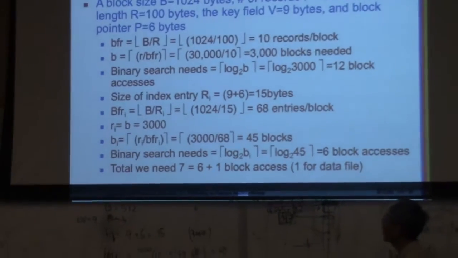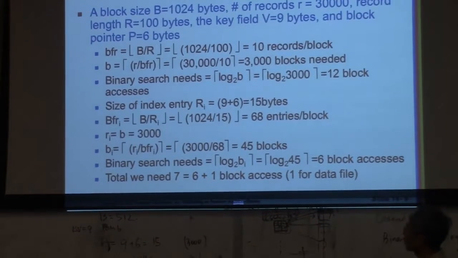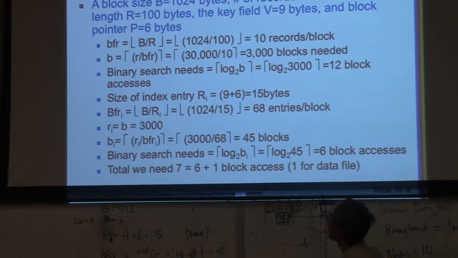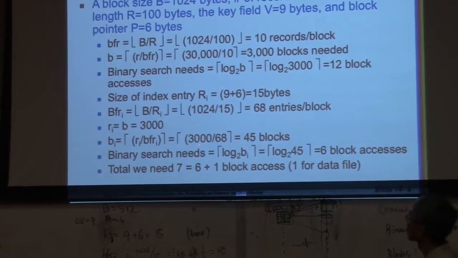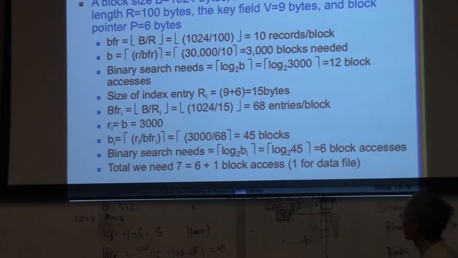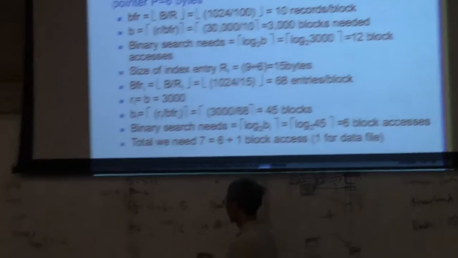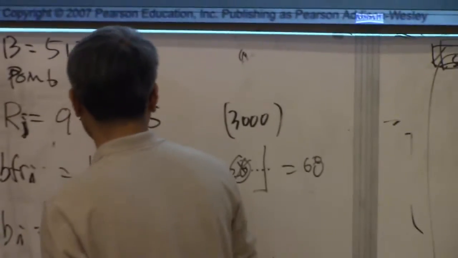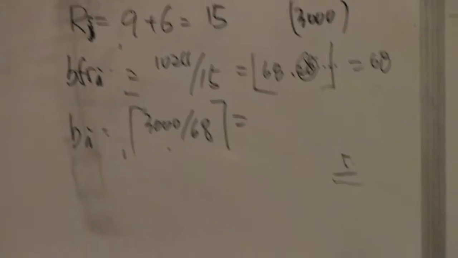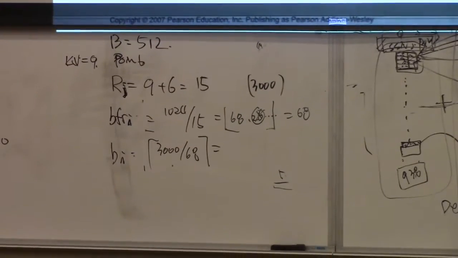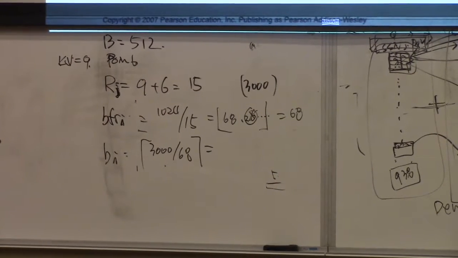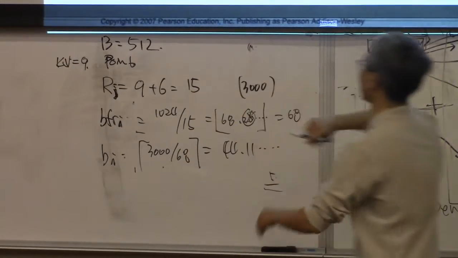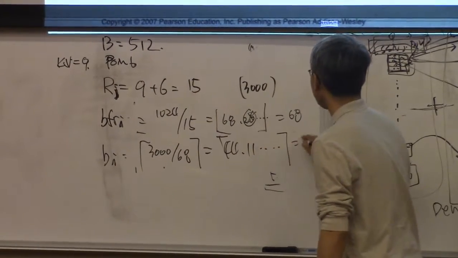Then how many index blocks do we need? We can calculate that very easily. Total 3,000 divided by 68, and it should be the ceiling. 3,000 divided by 68 is 44.11, so that is 45.